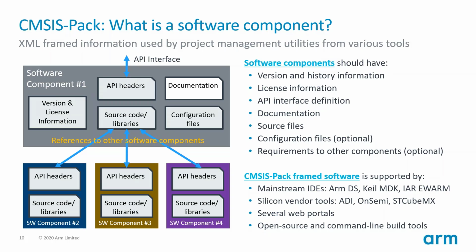This XML file adds information like version and history information, license information. It defines the API. It can also relate to documentation. It then specifies the source files, and some of the source files may actually be configuration files. And then it also defines the requirements to other software components.